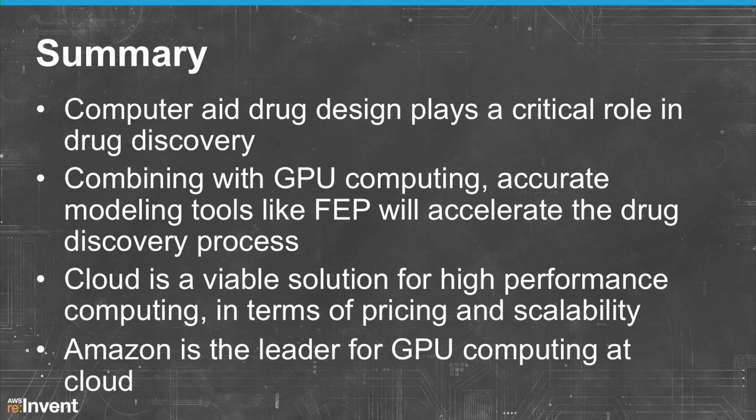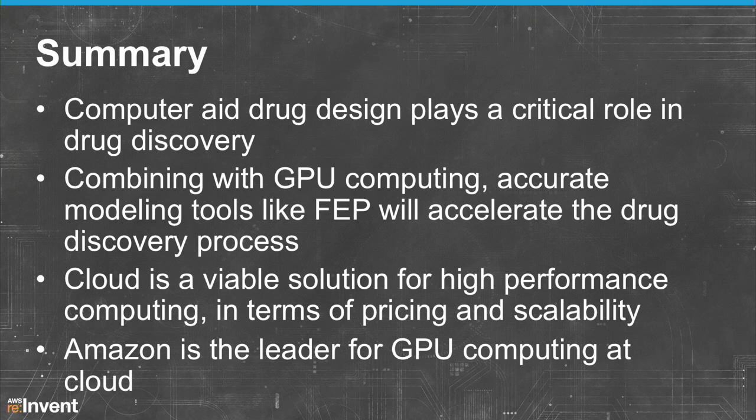To summarize what I've just been talking about, I'm hoping at this point I could show you how useful computer-aided drug design is to drug discovery. And new technology like FEP combined with GPU computing will accelerate the drug discovery process, helping pharmaceutical companies bring drugs to market quicker and save more lives.